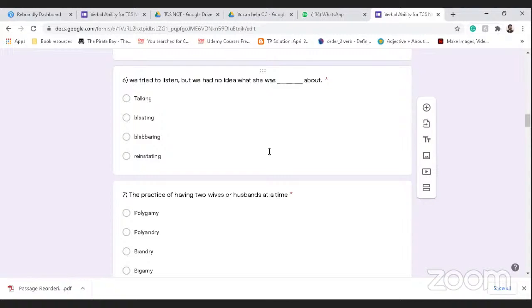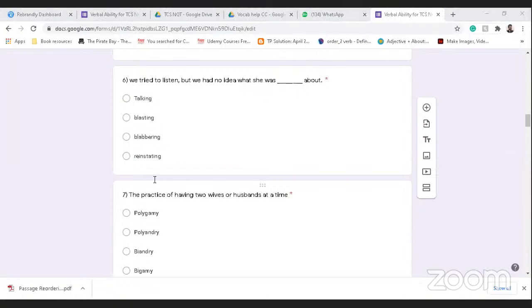Here the situation is that they tried to listen, they have become frustrated because they could not understand anything. So it is not talking here; the better word would be blabbering. Tried is written there. Blabbering means talking so fast or in such a manner that you can't even understand what they're saying. Blabbering.